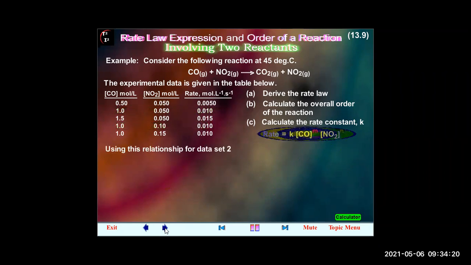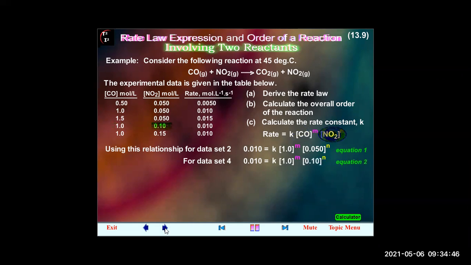Using this relationship for data set 2, 0.010 equals K times 1.0 raised to the power of m times 0.050 raised to the power of n. For data set 4, 0.010 equals K times 1.0 raised to the power of m times 0.10 raised to the power of n.